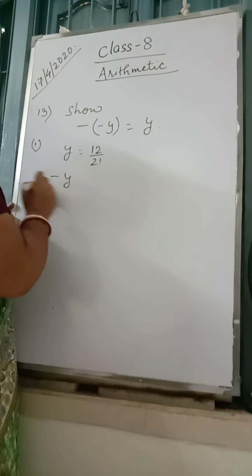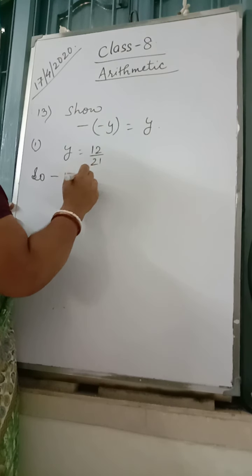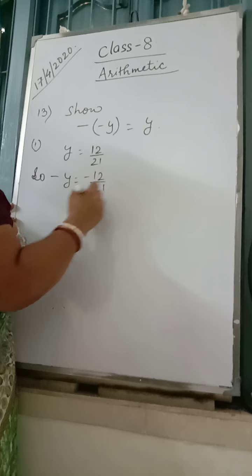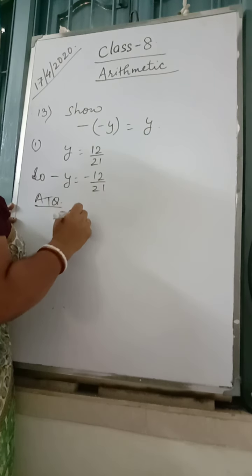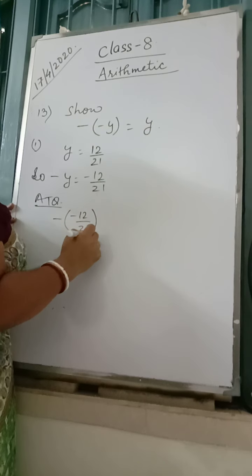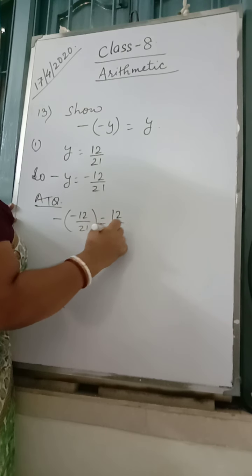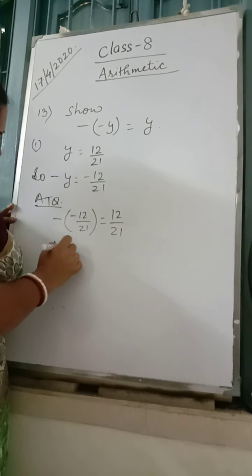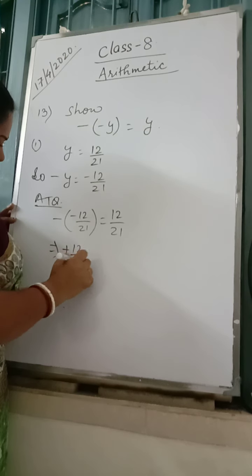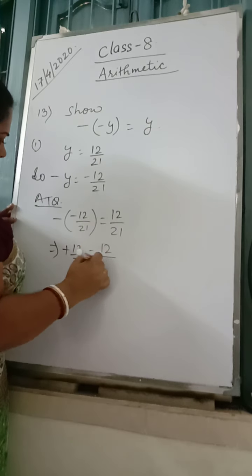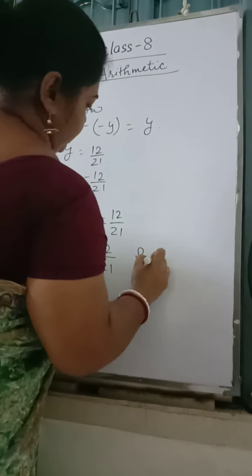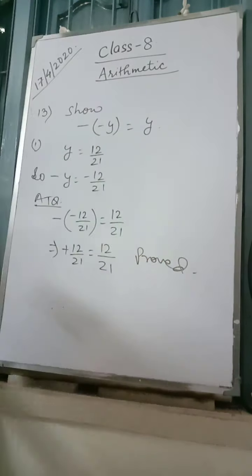So minus y will be minus 12 by 21. According to the question, minus of minus 12 by 21 is equal to 12 by 21. Minus minus is plus, 12 by 21 is equal to 12 by 21. Just proved. Only this much you have to do. Nothing else.